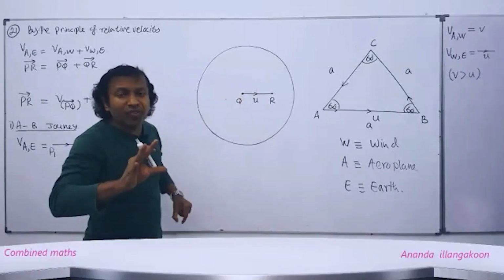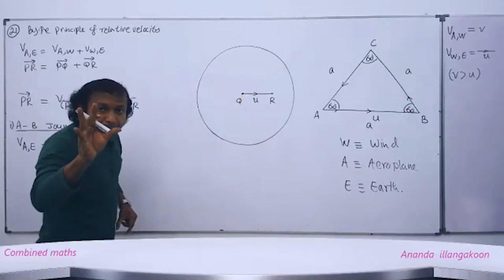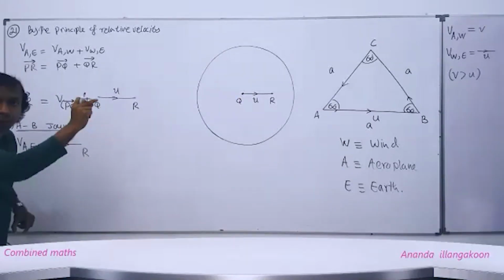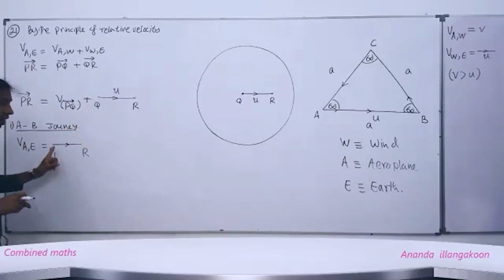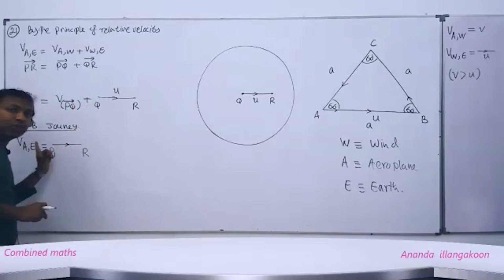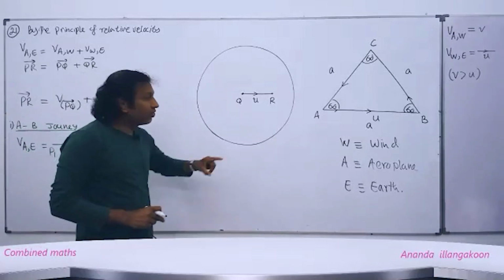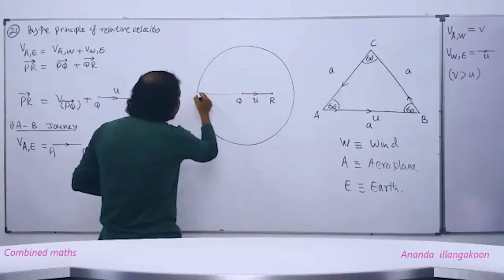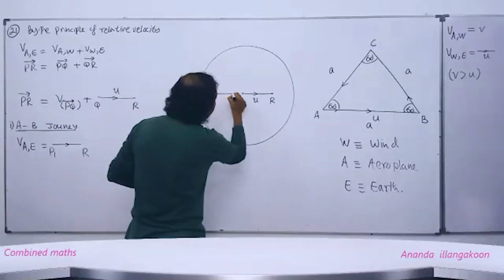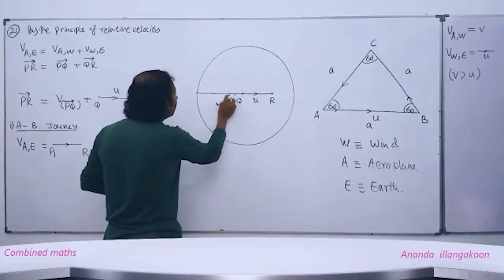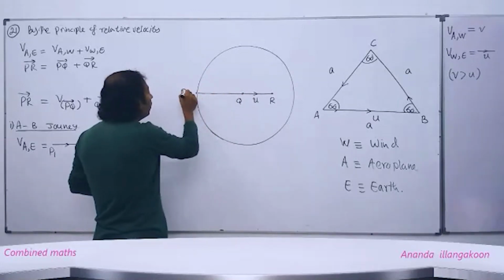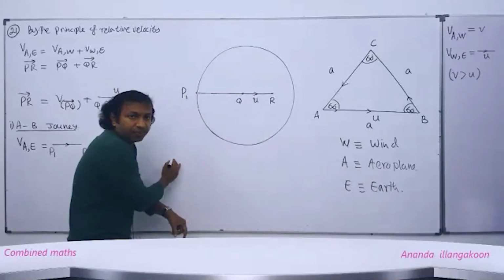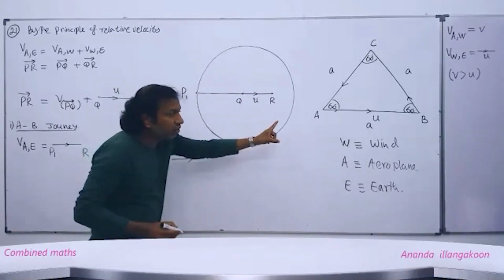Now what point do we need as our P1, people? We have to select the point on the circle as our P1 so that when we join P1 and R, it should point rightward. Since here we have R, people, point P1 should be like this. Point P1 should be here. Then only will P1R point rightward, because of the A to B direction.